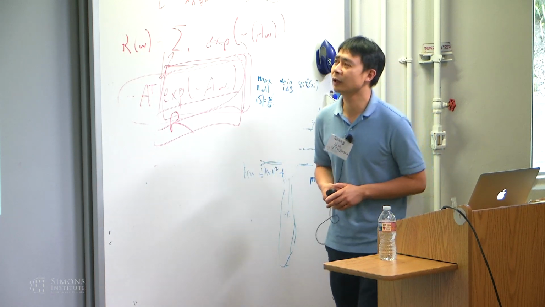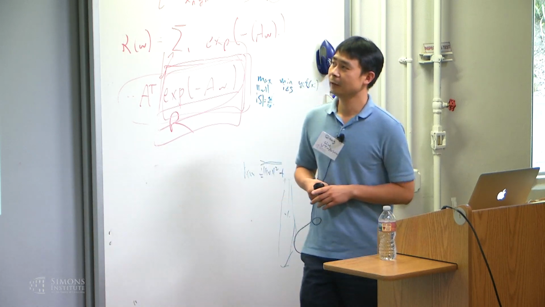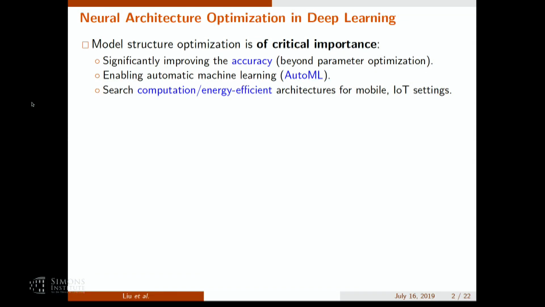So we have been talking a lot about the parameter optimization of neural networks, but optimizing the architecture or the structure of the neural network, meaning the number of nodes of different types of neurons and in different layers, is also, in fact, an even more important problem in deep learning, right?